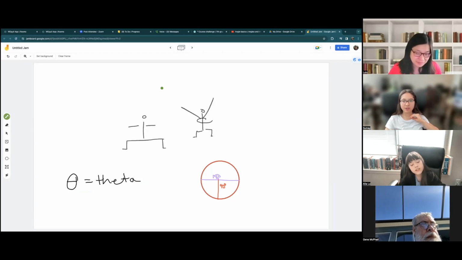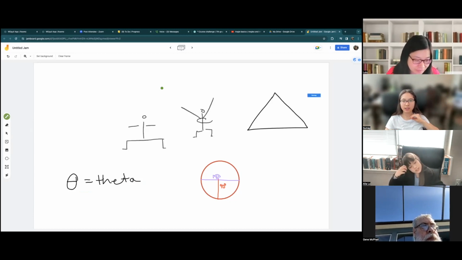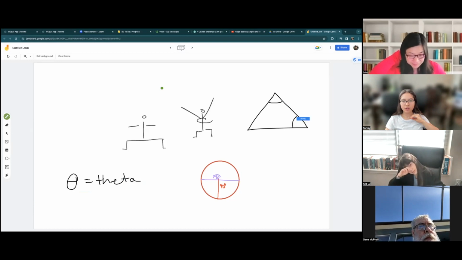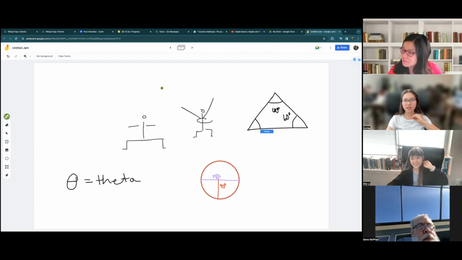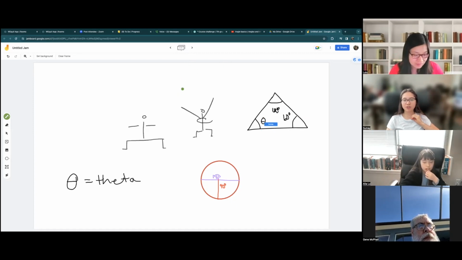So if you have some random triangle, and let's say you know two angles are 60, 60. Obviously, if it's an equilateral, it will have another 60. But let's say you don't know this, and it's just represented by theta. Then you would say theta equals 60.